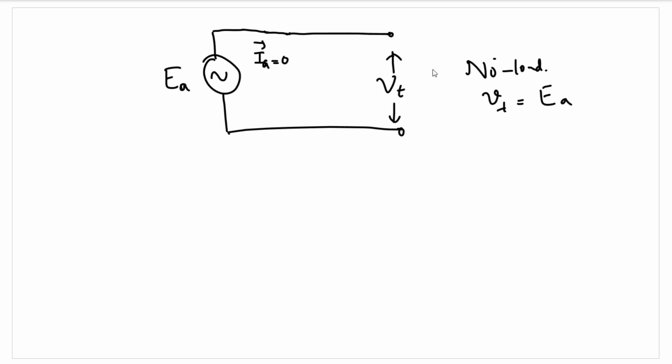Now, what happens once we load the system, once we are applying some sort of load onto the synchronous machine? IA no longer remains zero. There will be some finite value of armature current flowing through the stator windings. As the armature current starts to flow, we know that it will produce a magnetic field of its own.